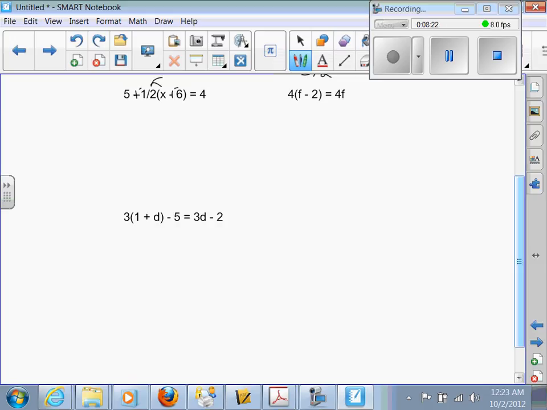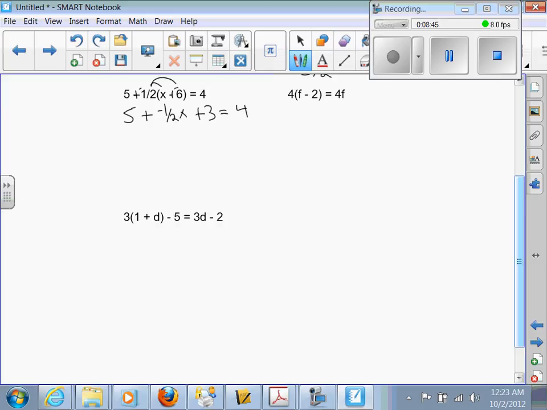So I will do that. Remember, distribute with multiplication. After doing that, I got 5 plus now a negative 1/2 of x. And I have a negative times a negative, which gives me positive 3. 1/2 times 6 gives me 3 equals 4.